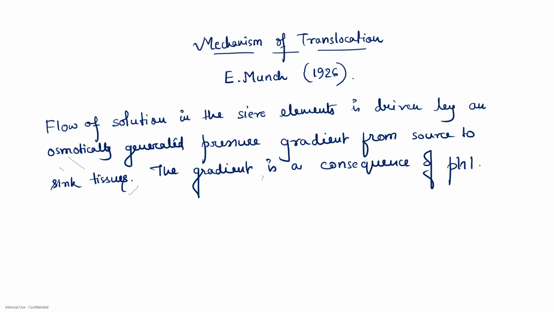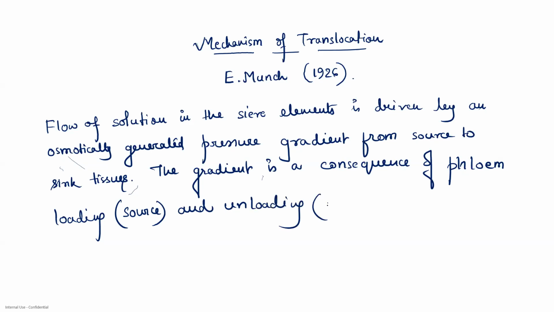Phloem loading. Where is loading happening? At the source region, and unloading, where is it happening? This is happening in the sink region.